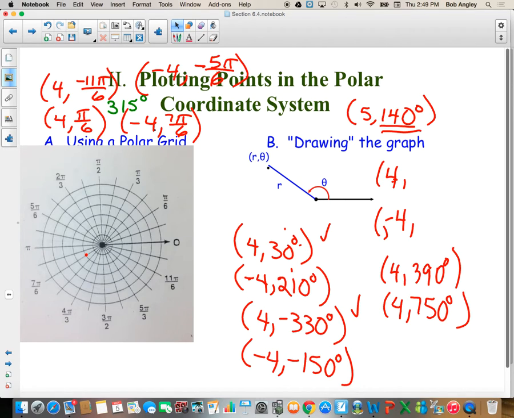It's hard for me to draw something straight, so bear with me for a second. If I draw an x-axis right there and a y-axis right there, just superimposing it over our polar grid, then every place that one of those circles hits is 1, 2, 3, 4, etc. So out here, that's negative 1, negative 2. And then down here, this is negative 1, and right here, this is negative 2.